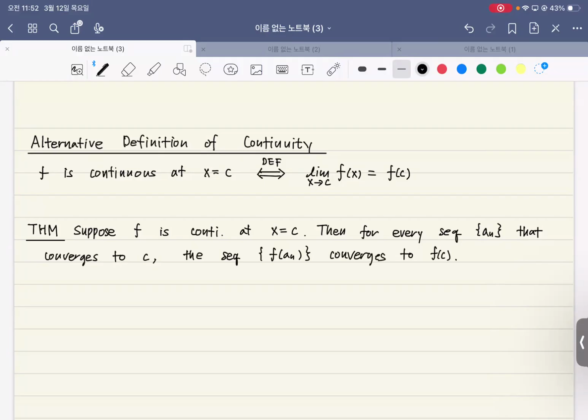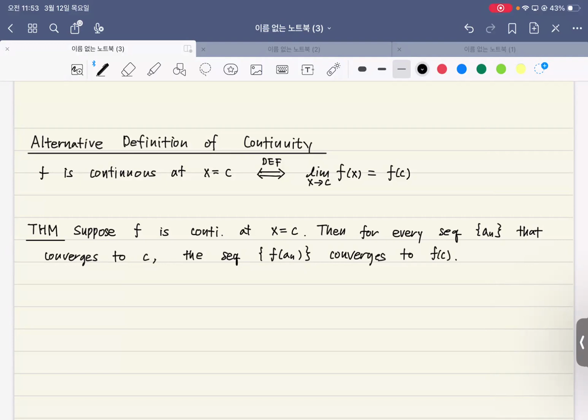We have a continuous function at c. Now we consider a sequence that is converging to c. Then this is a newly obtained sequence, by taking the composition of the sequence with the function.